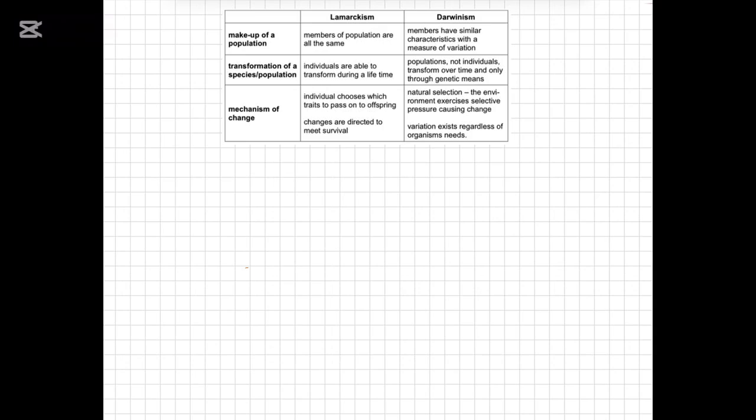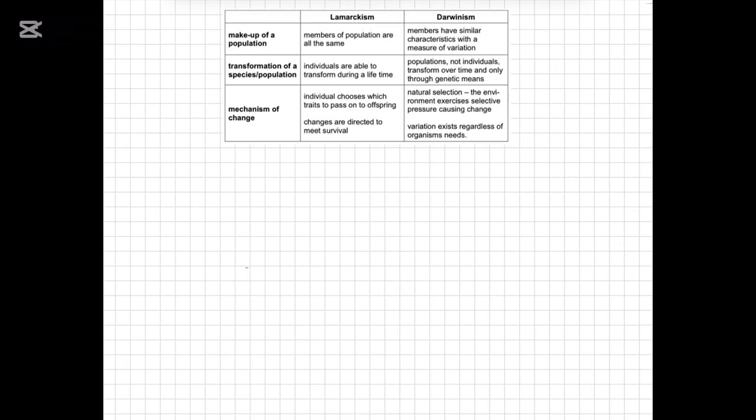With Lamarckism, he believes that members of a population are the same, like we did the example of the giraffe. So giraffes had short necks, while Darwin believes that there is a great deal of variation among organisms of the same species. So giraffes had short necks and some had long necks.